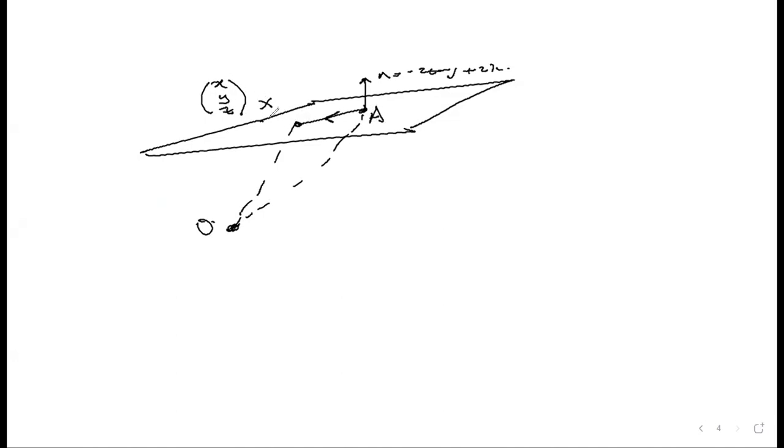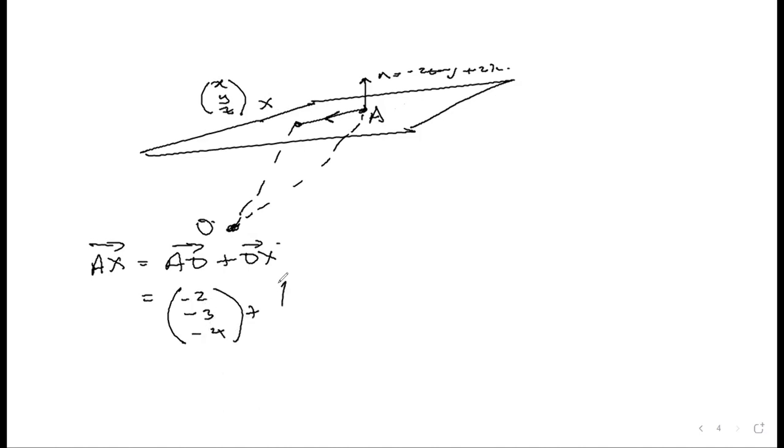We can write down AX as being equal to AO plus OX. AO was -2, -3, -4, plus OX is x, y, z.